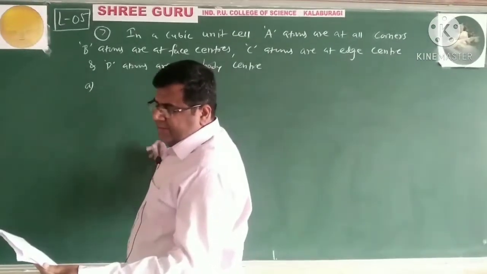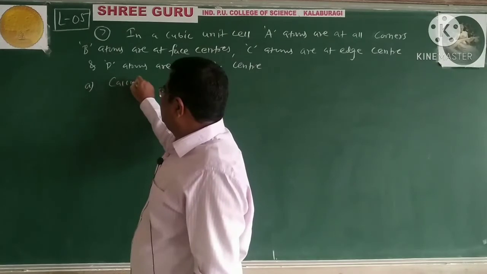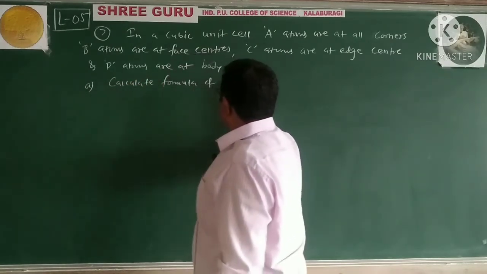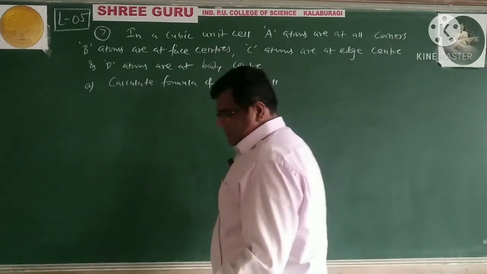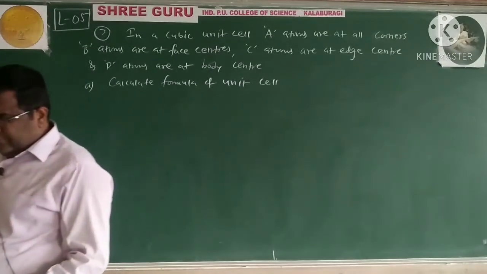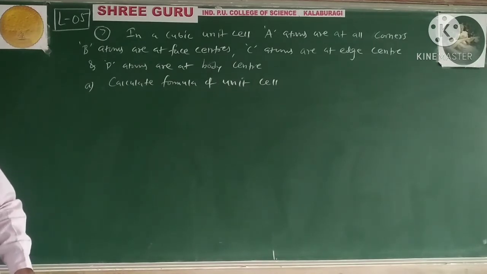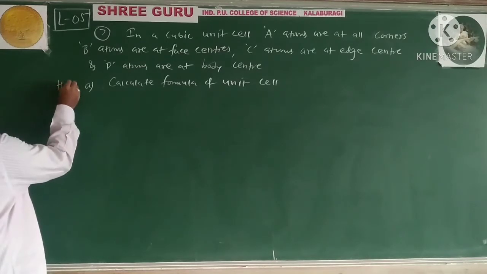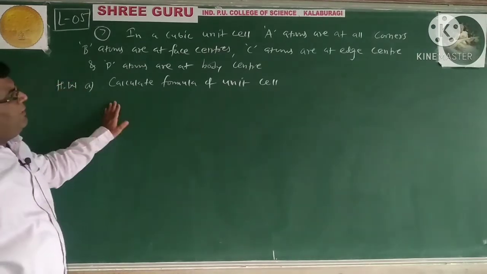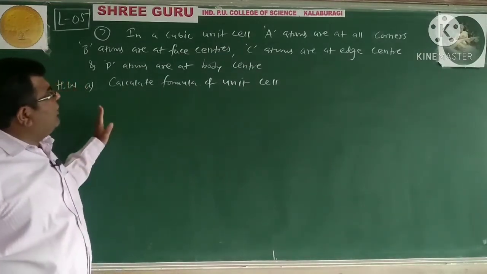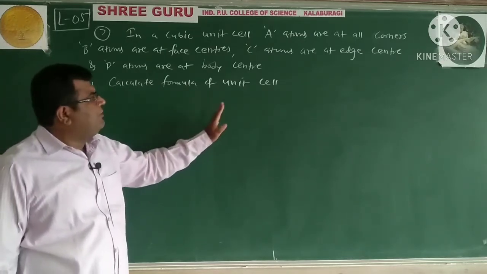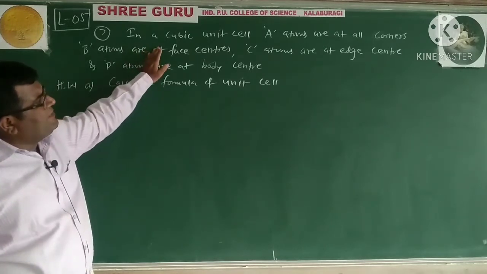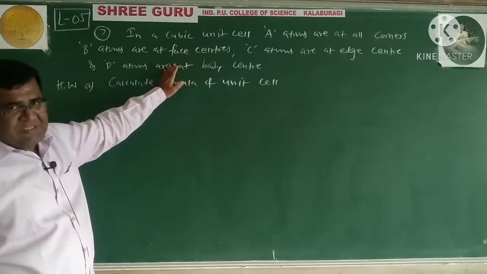Part A is calculate formula of unit cell. So you can do it yourself. This is homework. A, B, C, D: corner, face center, edge center, body center. 8 at corner, 6 at face center, 12 at edge center, 1 at body center.